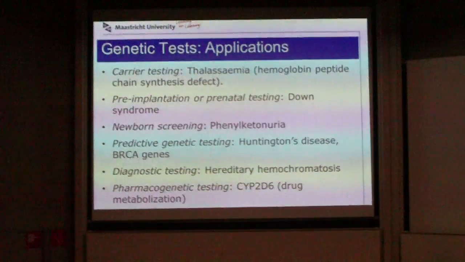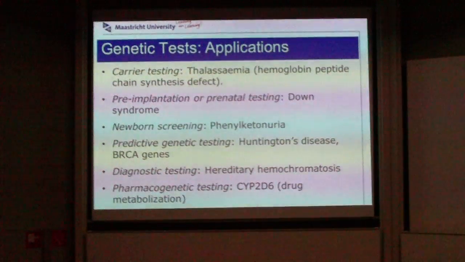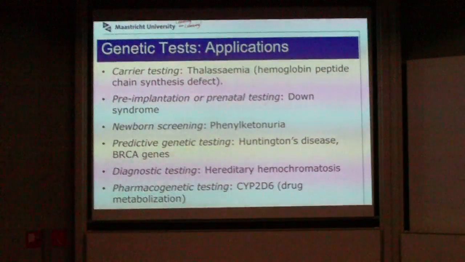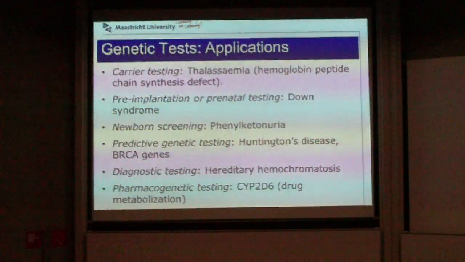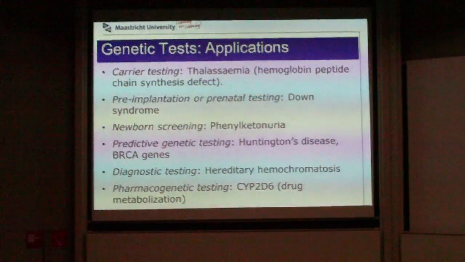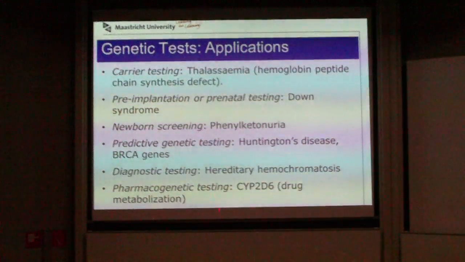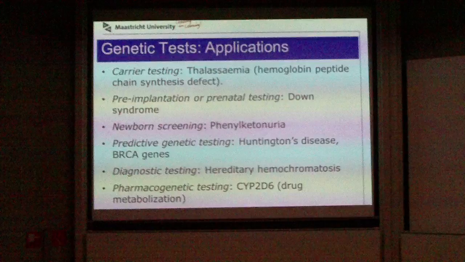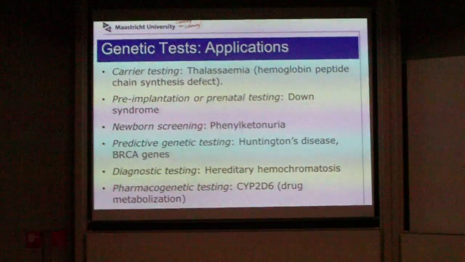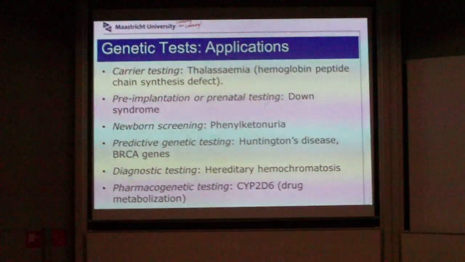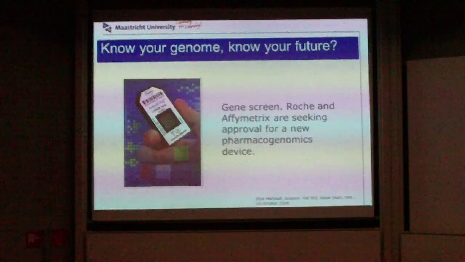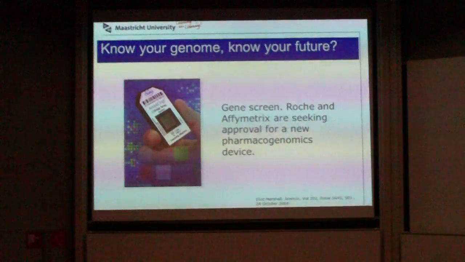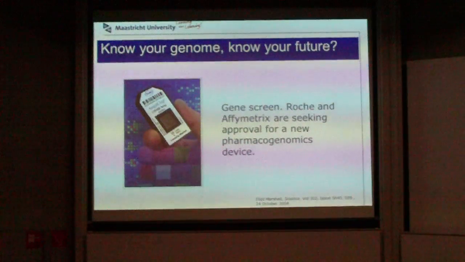You can establish if an individual has an improved or an impaired capability of metabolizing certain carcinogens, certain compounds, certain drugs. And in pharmacogenetic testing, you can see, for instance, for the cytochrome P450s, of which you know that they metabolize certain drugs, if you do that very rapidly or not. So, if you know your genome, you also know your future.